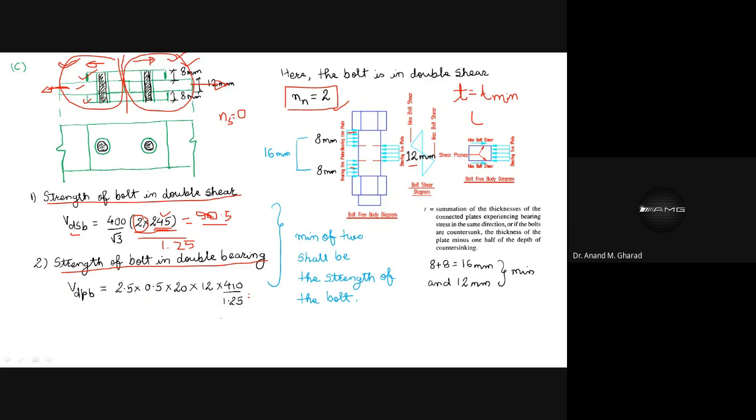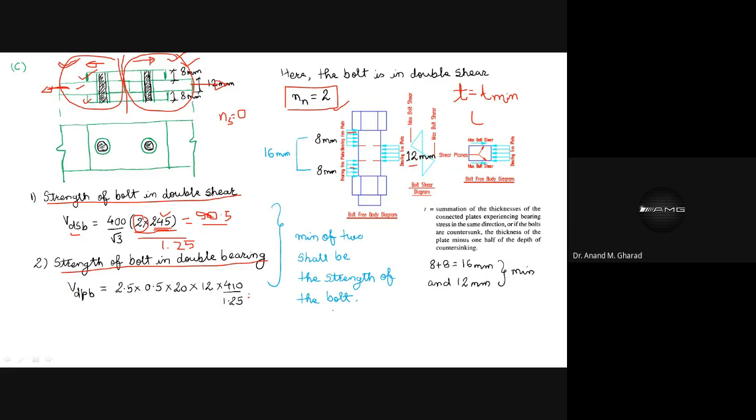98.4 kilonewton. Okay. So in any case, just remember, whenever it comes to the design of any connection, make sure that the strength of the bolt in bearing is always more than the shearing strength, because we don't want the connection to fail in bearing itself.